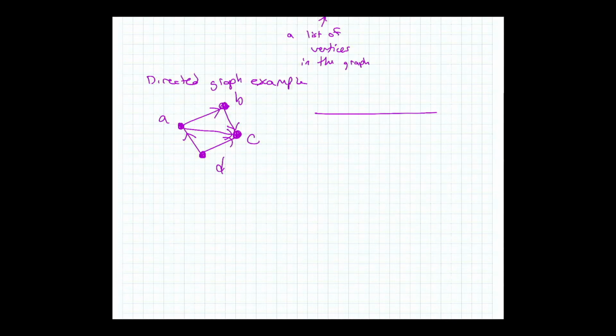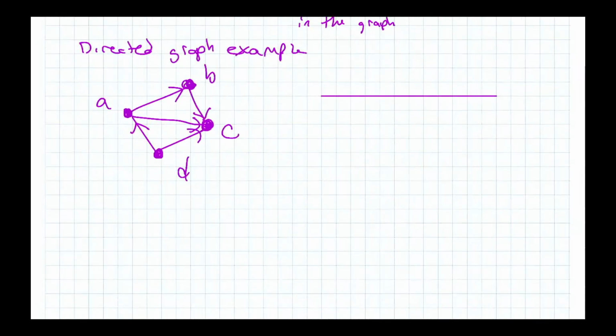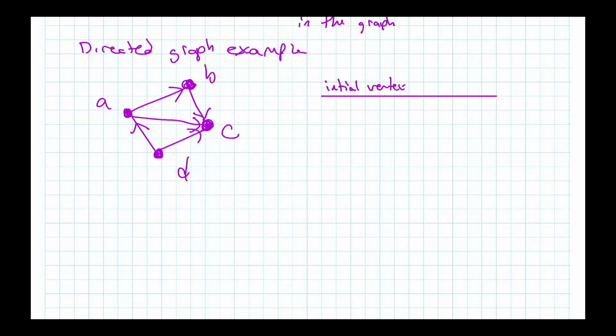You make your table just like before, but now you have initial vertex, and then you have terminal vertices. I use the plural because usually there's more than one over there, or there can be at least. Your initial vertex, again, is just a list of the vertices in the graph.